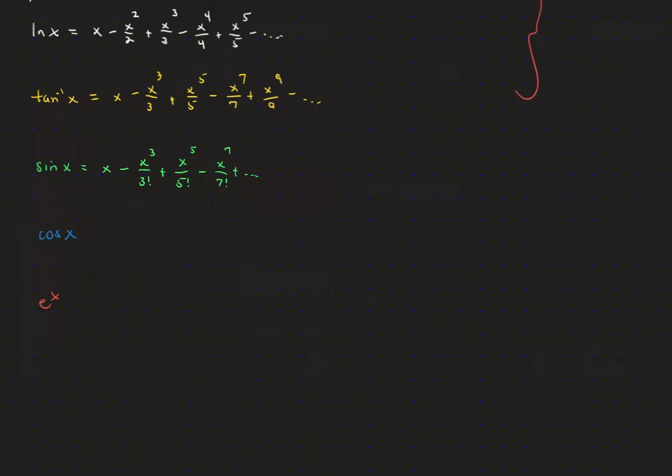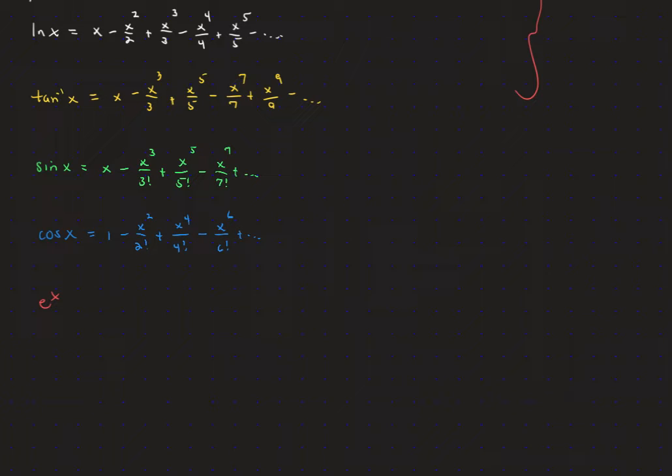Then we know that cosine is going to be kind of the missing terms from the sine, if you will, and they're going to alternate also, starting with 1. So now we're going to have all even powers, and the factorials will match or agree with the powers.